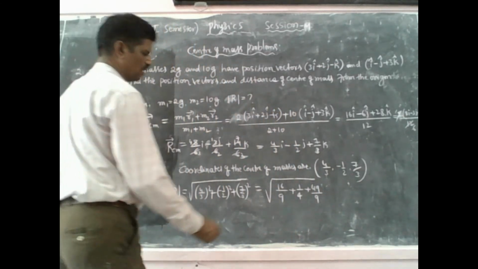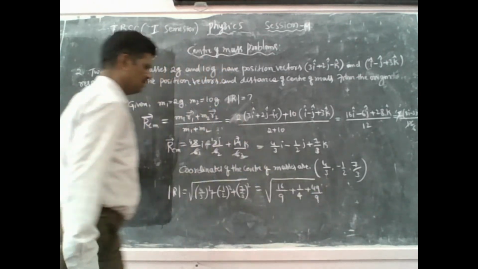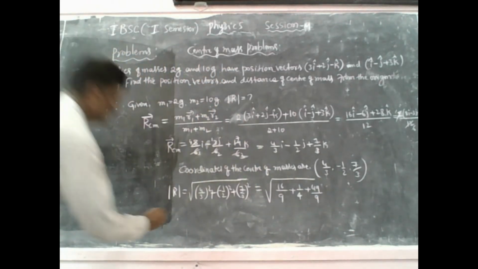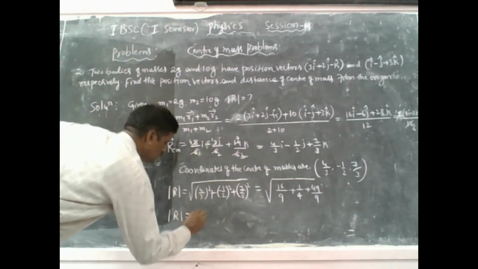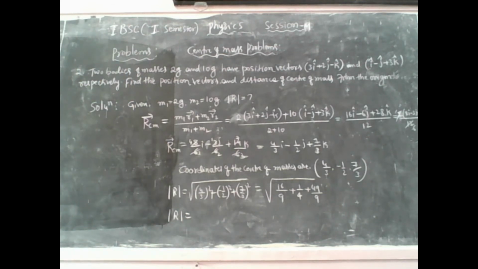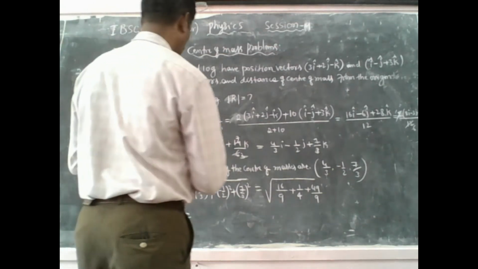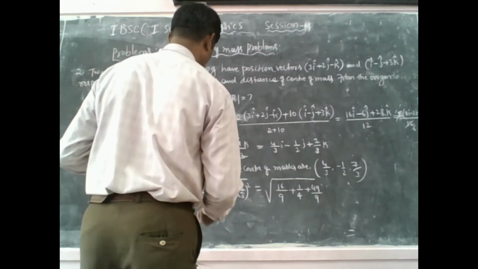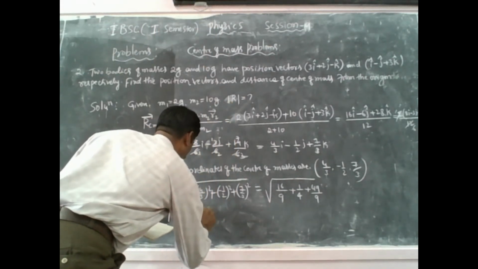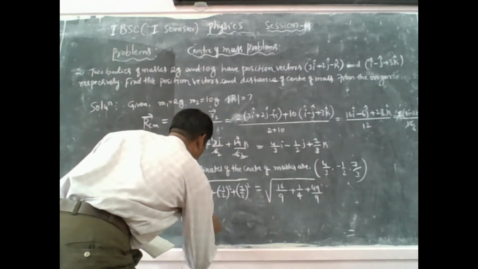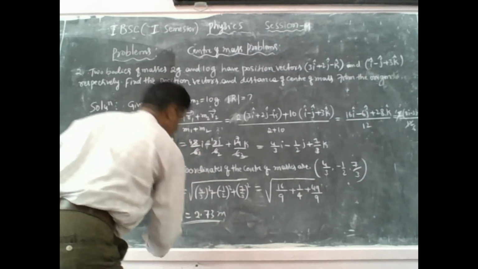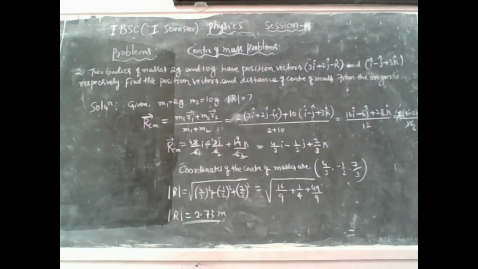So what is the total value of the distance? That is r equals 2.73 meters.